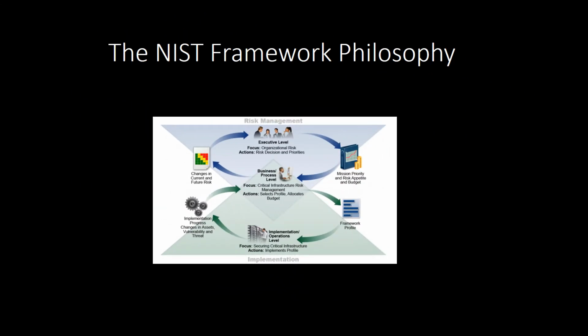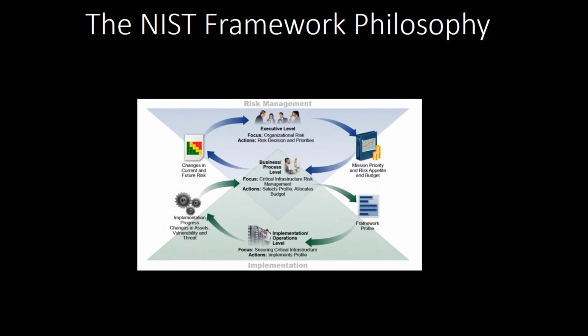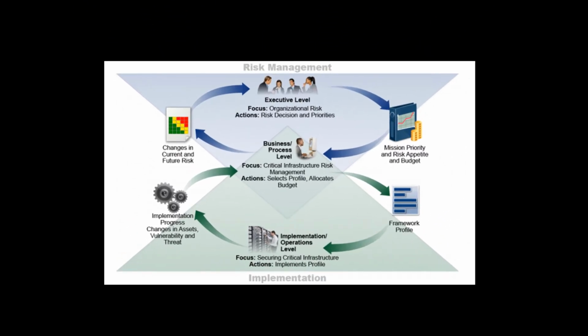So here's what you might call the NIST framework philosophy. This graphic is from the framework document. And again, it's not really rocket science, but one of the most significant things it's suggesting is this: if you move up from the bottom, the implementation, you see that guy plugging things into a rack server, right?